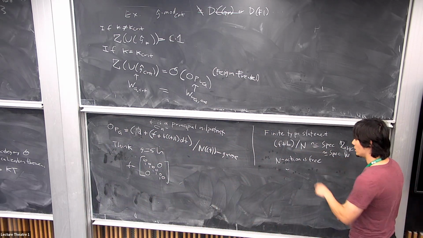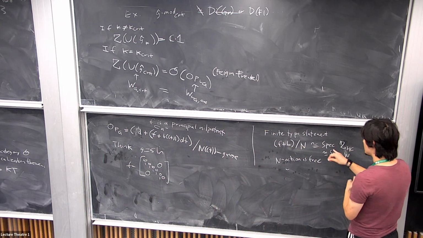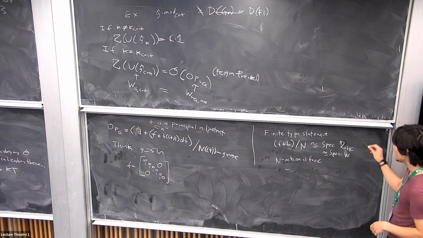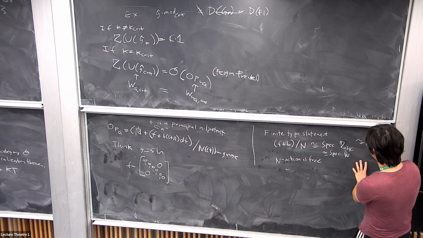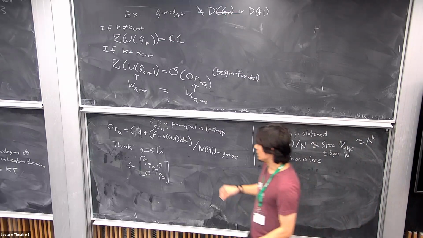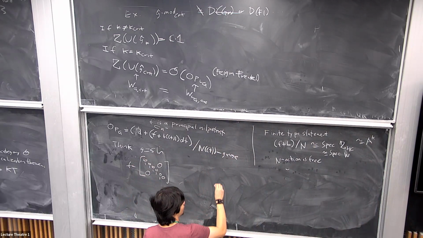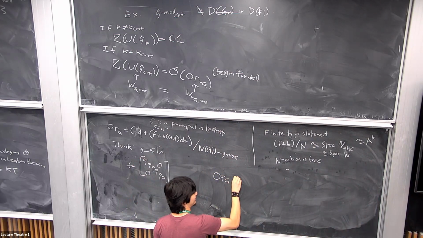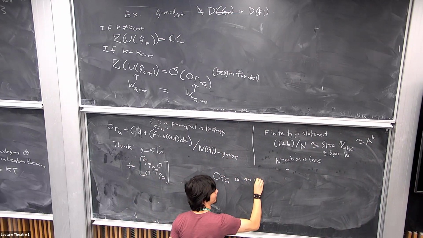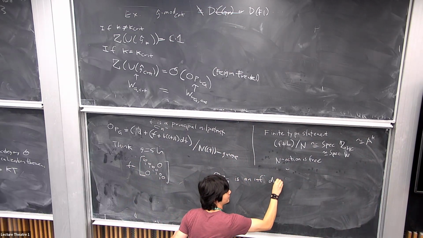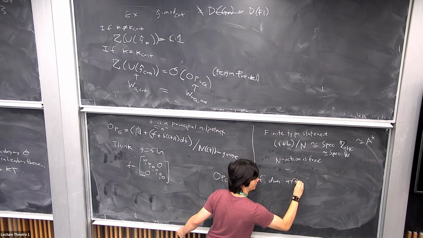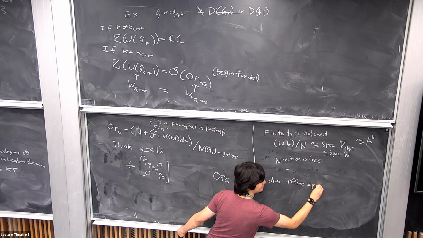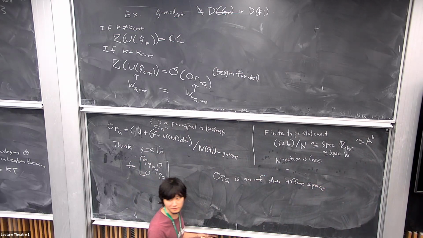So just like here, f plus b mod n, spec of the Harish-Chandra algebra, this is just some affine space. In this case, one fact is that Op_G is an infinite dimensional affine space. It's infinite in the same way Laurent series is, so it's infinite in both the power series direction and the negative direction.